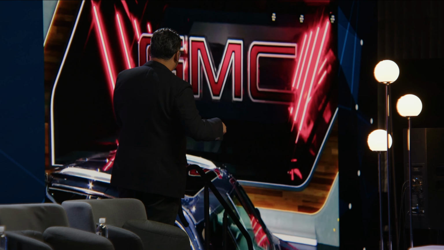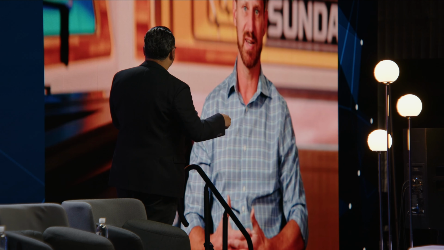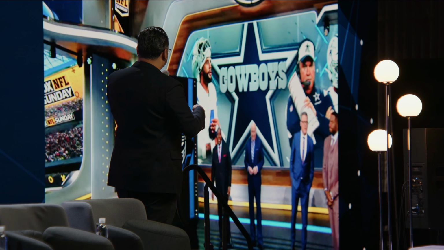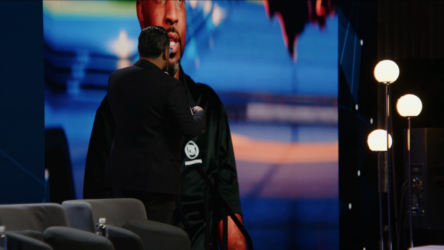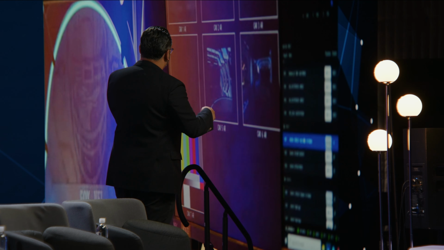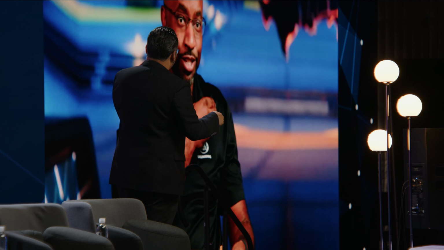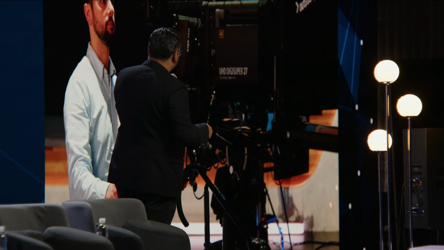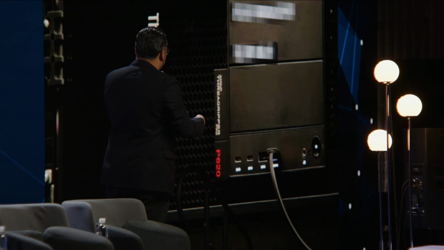And obviously they are doing set extension, so even when the camera shot goes outside the real view, we are extending the reality outside the boundaries of the studio, mainly the edge on the top of the LED. That allows them to give a real set extension to their studio, which is big.